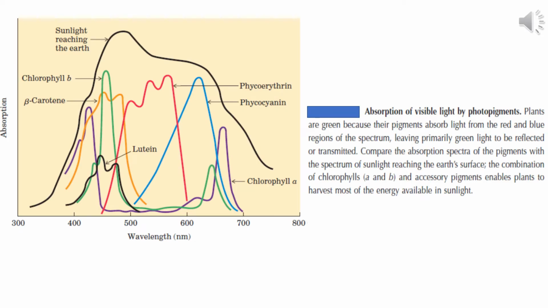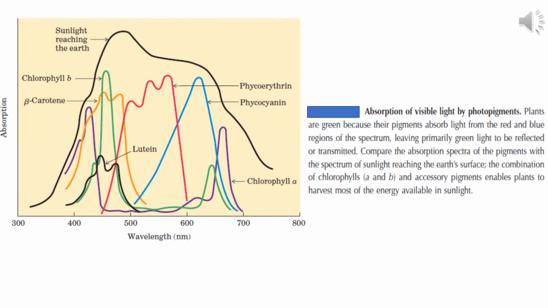In this figure you can see the colors which are absorbed by different pigments. Why is a leaf green in color? Because the different pigments together absorb all the other colors, while only green color is either transmitted or reflected.